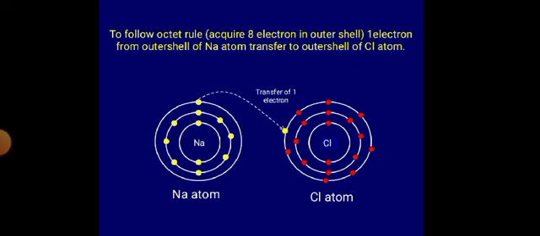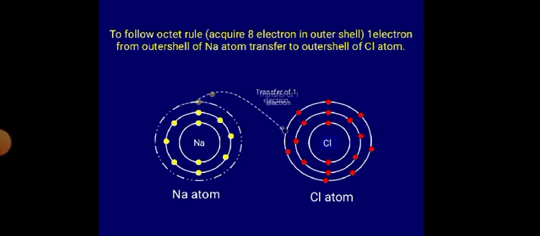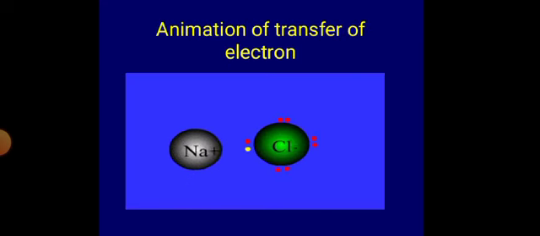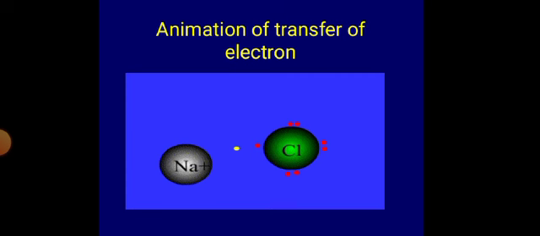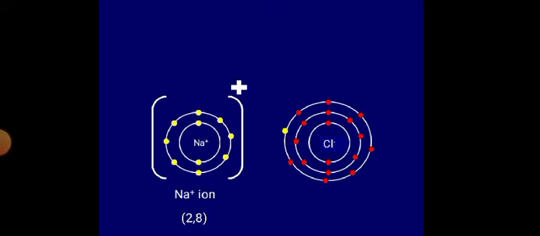To follow the octet rule, sodium transfers its one electron to the chlorine atom like this. Due to the transfer of the electron, the sodium ion gets a positive charge and the chloride ion gets a negative charge.